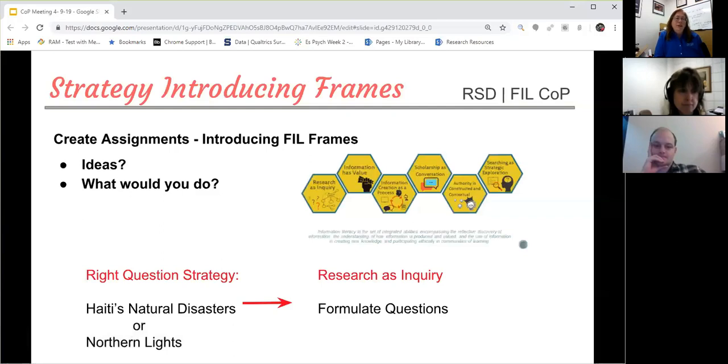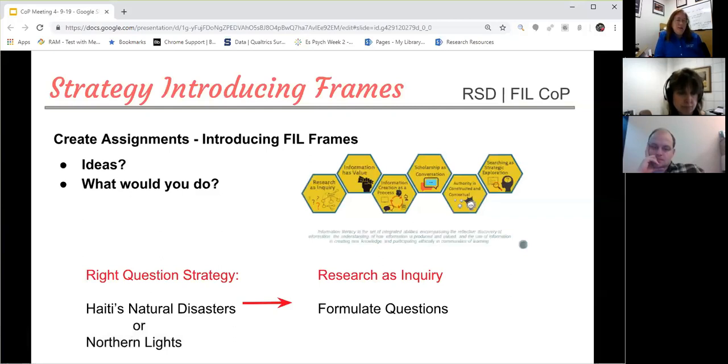So one of the starting places that we can use is to think about creating an assignment and then figure out a way to introduce the framework for information literacy so that you can mesh the two of them together into sort of this one seamless assignment.